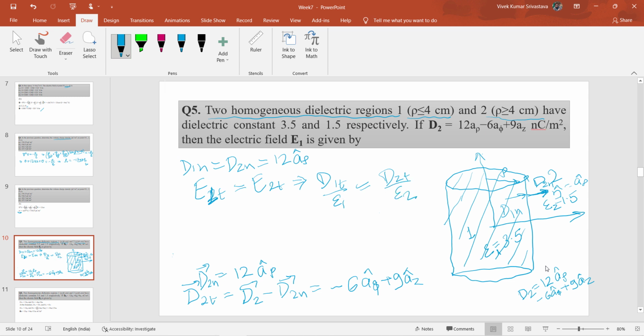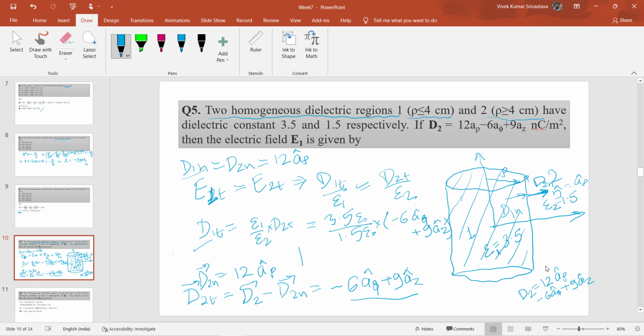So D1t is epsilon 1 by epsilon 2 into D2t. Epsilon 1 is given here, 3.5 epsilon naught over 1.5 epsilon naught, into the tangential component in region 2, which is minus 6 a_phi plus 9 a_z. You can calculate the value of the tangential component, and the normal component we have already found.